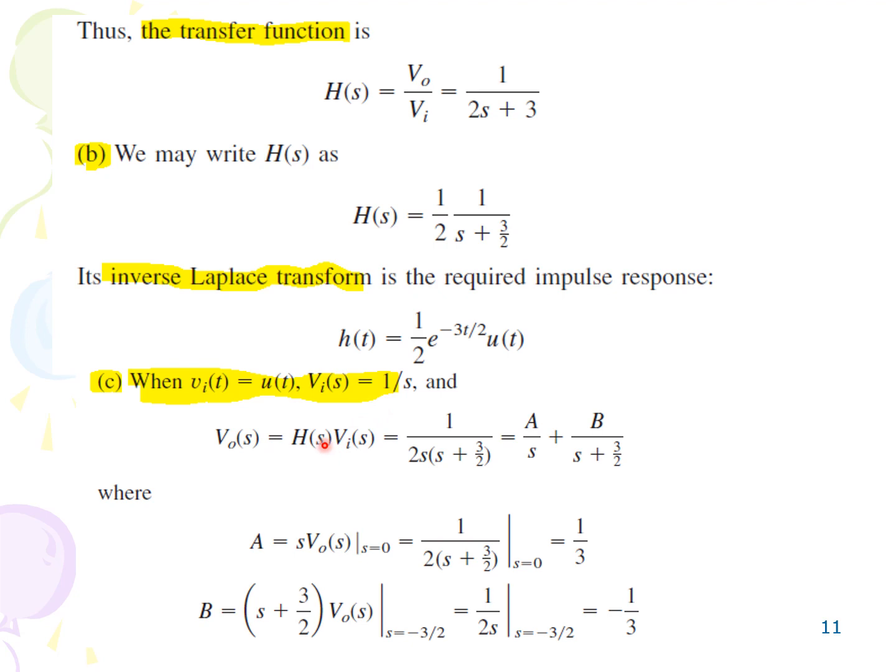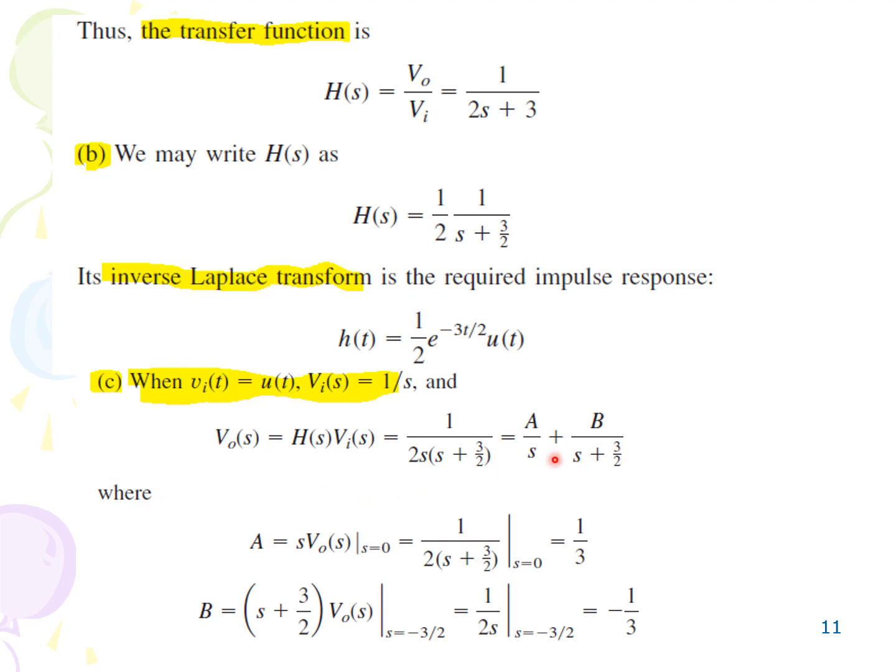H(s) is already given here, which is equal to 1 over 2s plus 3 by 2, and you multiply it with 1 over s. So we get V naught equal to 1 over 2s into s plus 3 by 2. Here in the denominator we have two terms, s into s plus 3 by 2, so we can use the partial fraction method to decompose into simple terms so that the inverse Laplace transform can be applied.